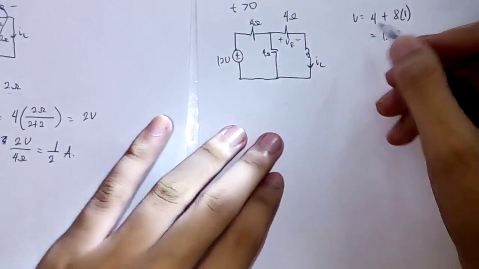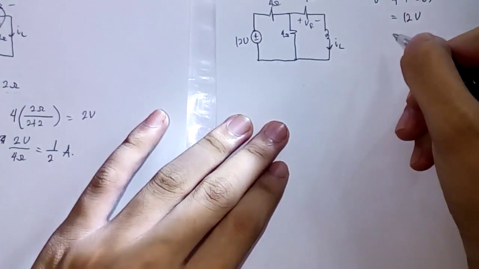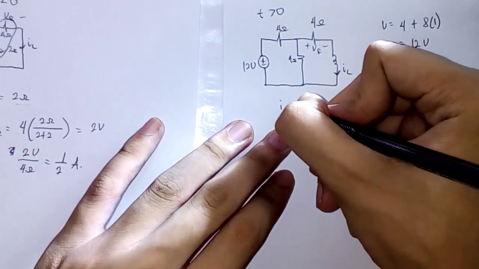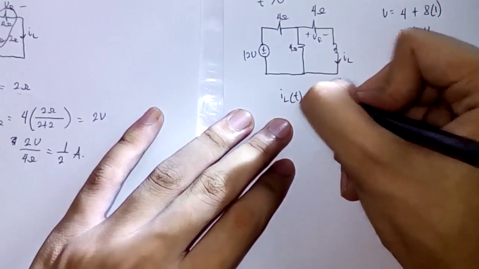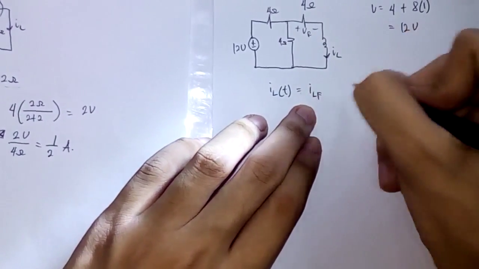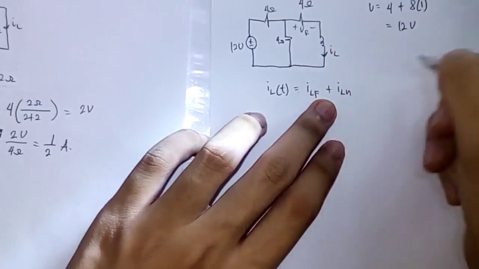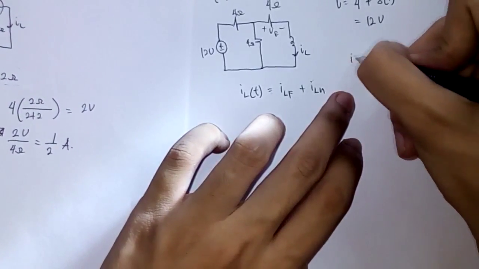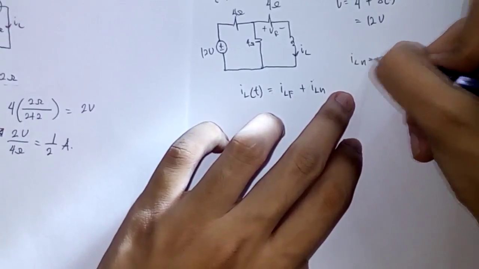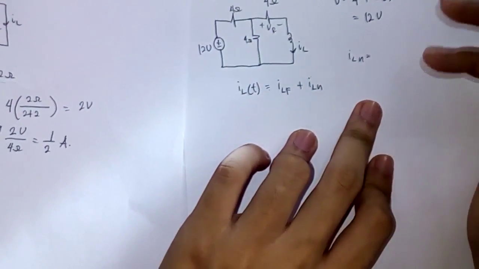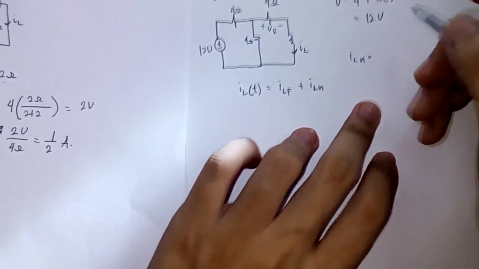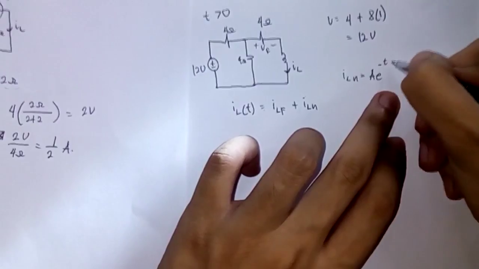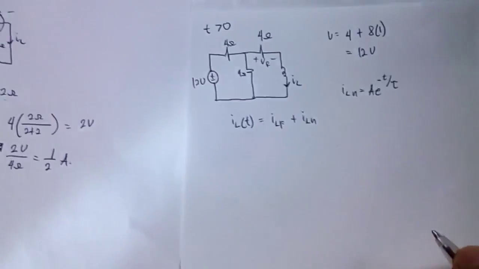Now our IL of t will have an equation of ILF plus ILN. This ILN would be the equivalent IL for a source-free RL circuit, which is equivalent to A times e to the negative t over the time constant.